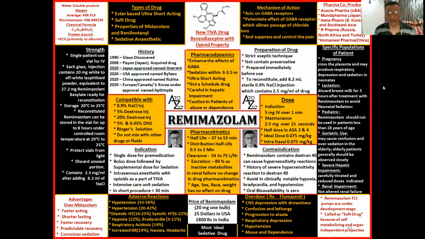Like propofol changed the practice 25 years ago, within 10 years this drug will change the practice of anesthesia again. Very safe drug. And believe me, even fentanyl is not available right now. Then we have a dream that this drug should also be available in a short span in our India.